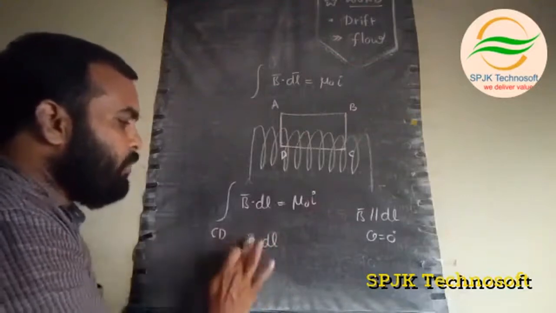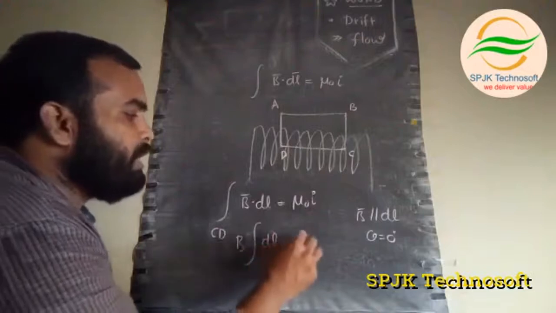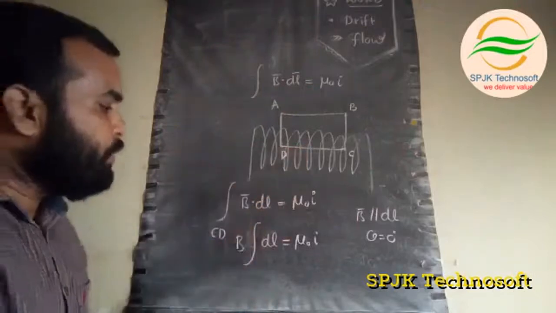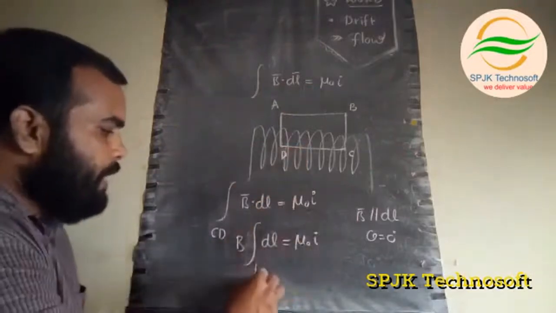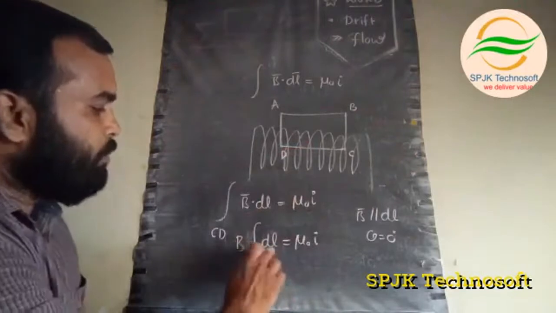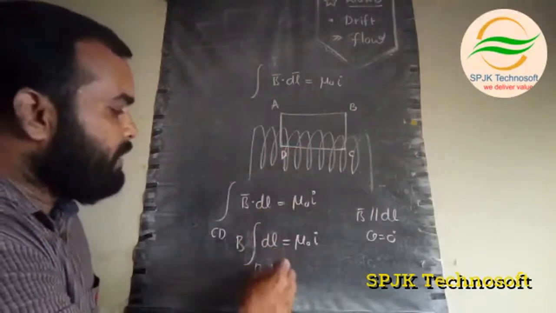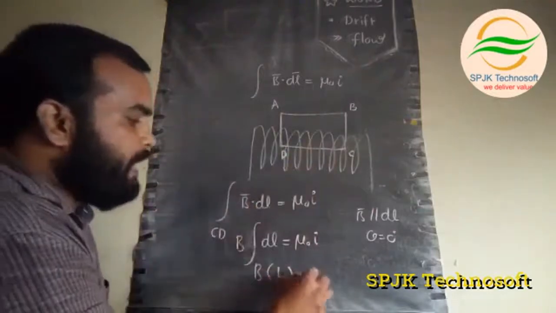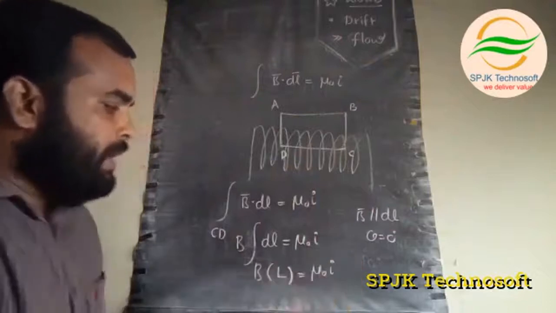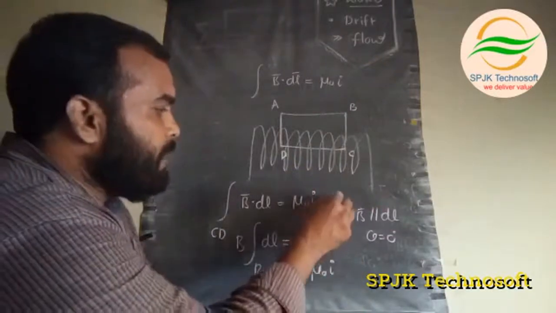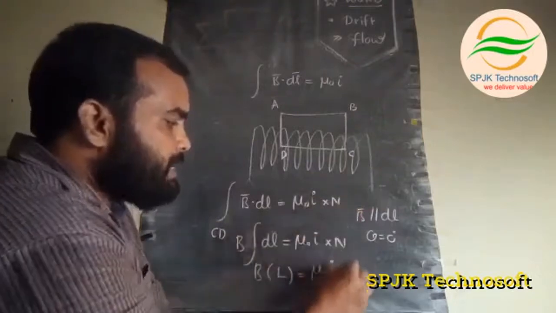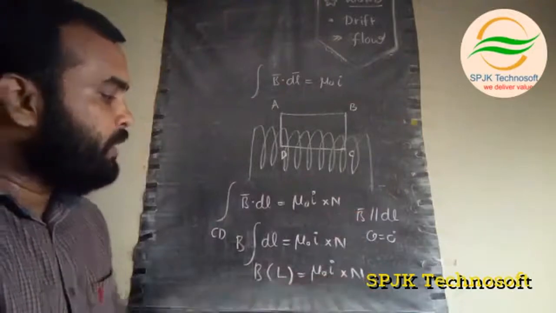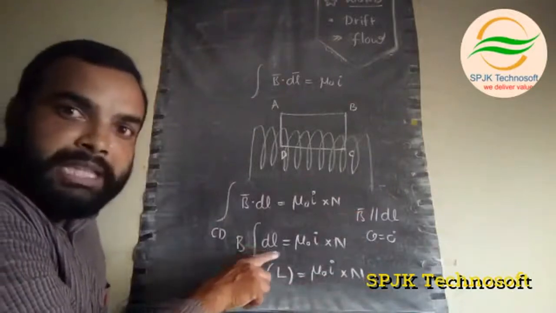Now B we can take out of the integration. We can write integral B into dl is equal to mu naught into I. What is the integral of dl? It will be equal to the length of the solenoid, capital L. So B into L is equal to mu naught into I. Now for N number of turns we have taken, we multiply the right hand side with capital N. Then B into L is equal to mu naught into I into N. You can understand dl is a small length element.